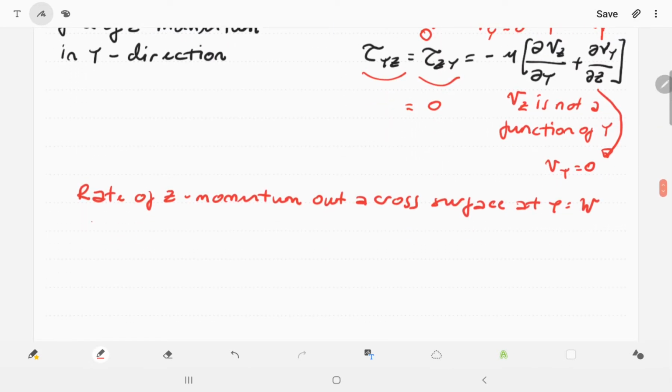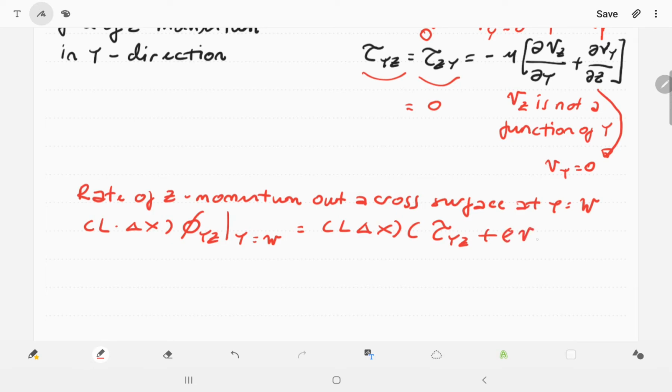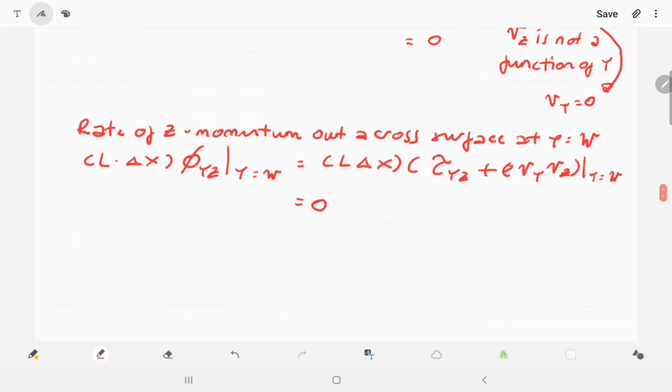So this will be L delta x, phi yz at y equal w, L delta x, tau yz plus rho Vy Vz at y equal w. With the same derivations that we did for the in component, this will become 0.